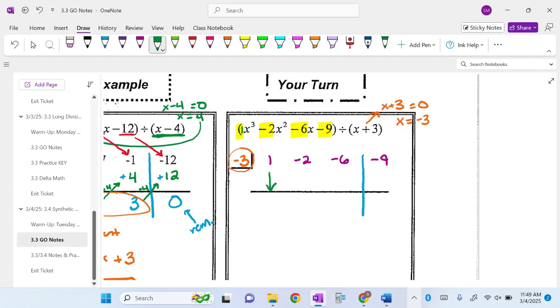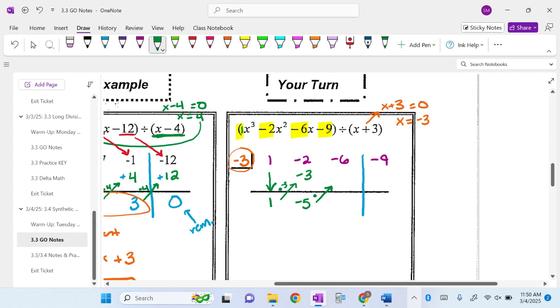So drop the first number below the line. Then what do I do? Multiply it by -3. What's 1 times -3? -3. Then I add them. What's -2 plus -3? -5. And then we repeat.